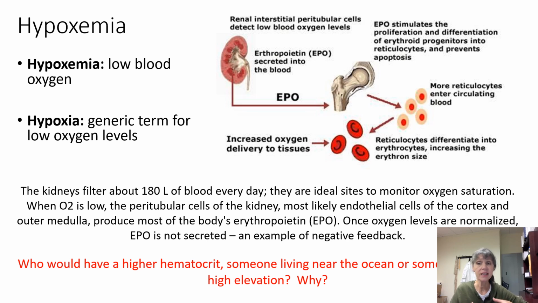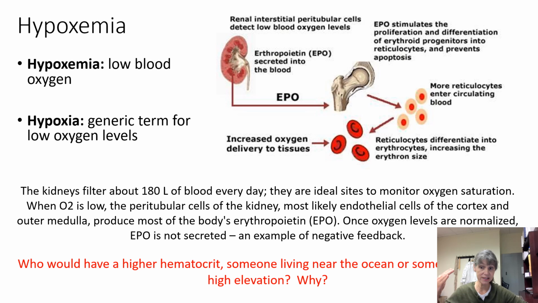And that's a good thing. If you remember that, if we had mitochondria in there, they would be using the oxygen. And so it's important not to have mitochondria in a mature red blood cell. So if someone were living in the mountains versus down by the seashore, what would be the difference in that person's hematocrit level?